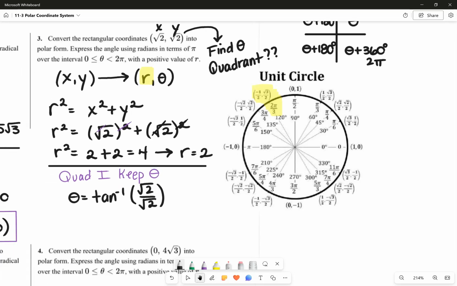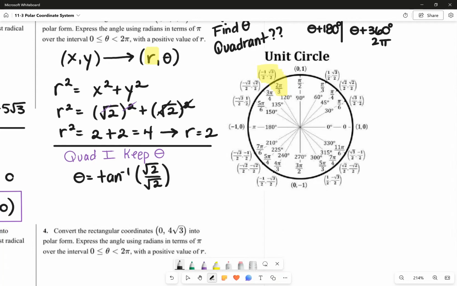And when you type that out, and since they want us to do it in radian mode, if you have your calculator in degree mode for now, just don't forget to convert it into radians, okay? So let's say you have it in degree mode here. You're going to end up with your angle being 45 degrees, and we're going to keep the 45 degrees because it's in quadrant number 1.